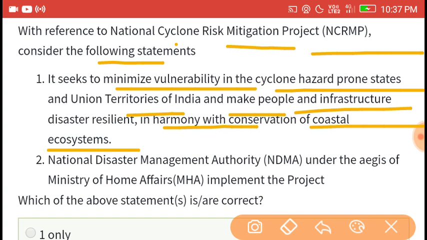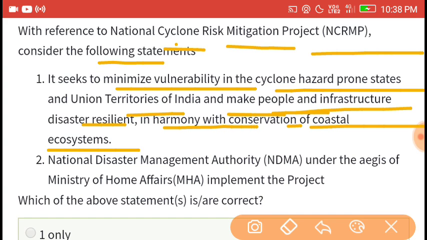First is correct. The National Cyclone Risk Mitigation Project, NCRMP, seeks to minimize vulnerability in the cyclone hazard prone states and UTs in India and make people and infrastructure disaster resilient and in harmony with conservation of coastal ecosystem.